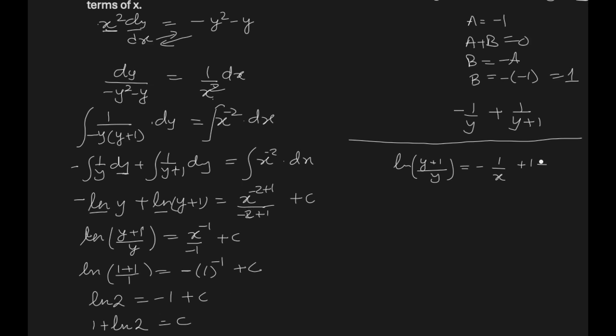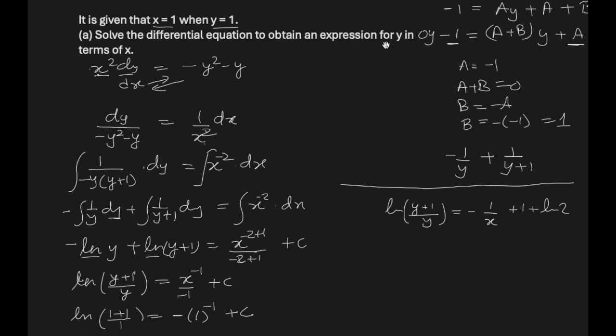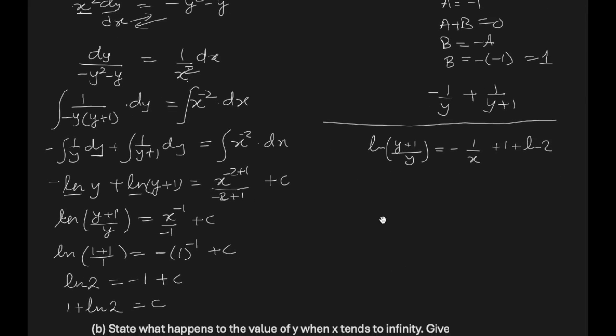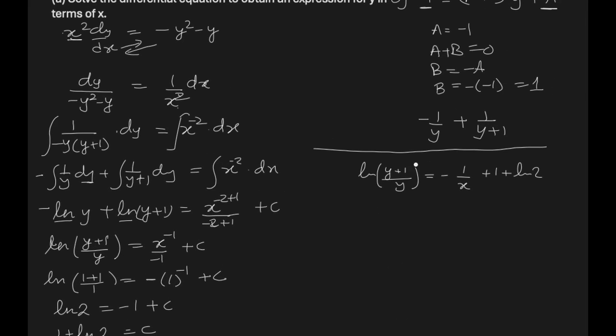So what is our aim? Our aim is to solve for y in terms of x. That means this y has to be isolated. So what do we do? Let's bring this ln 2 here so that it combines. So ln of y plus 1 over y minus ln 2 equal to 1 minus 1 over x.